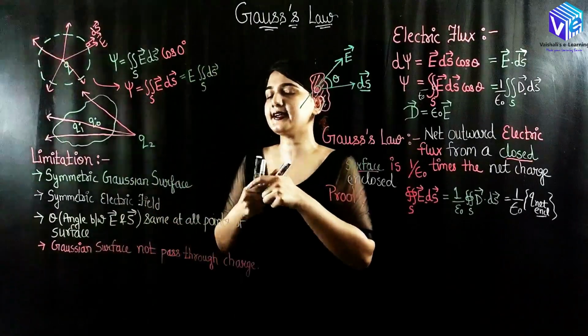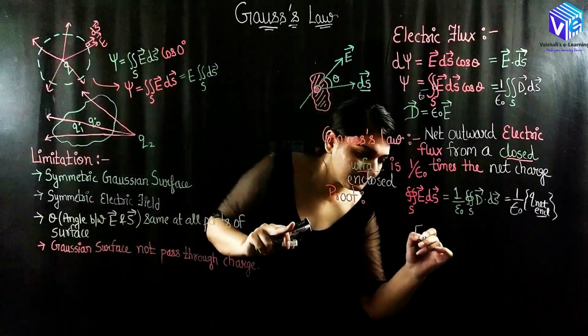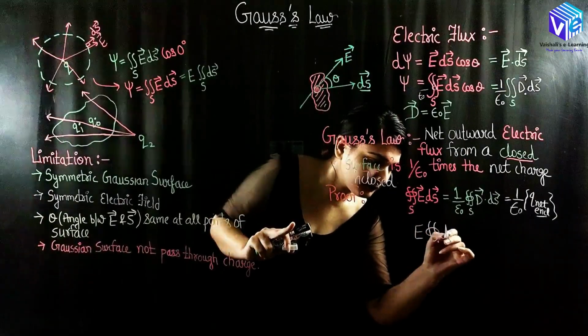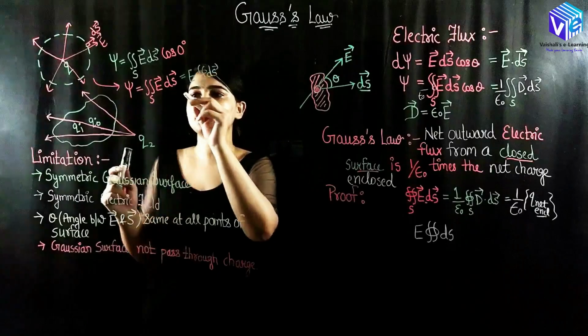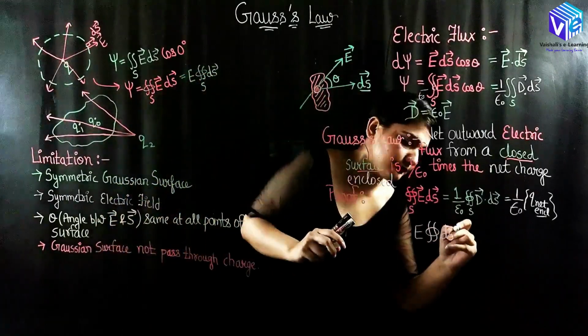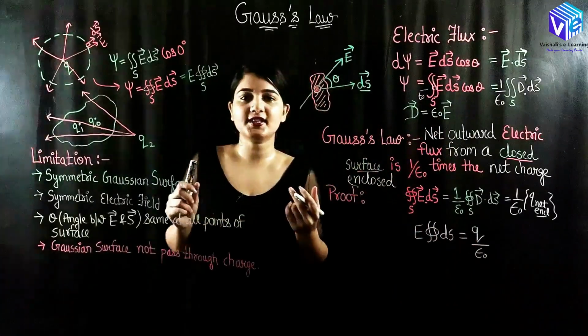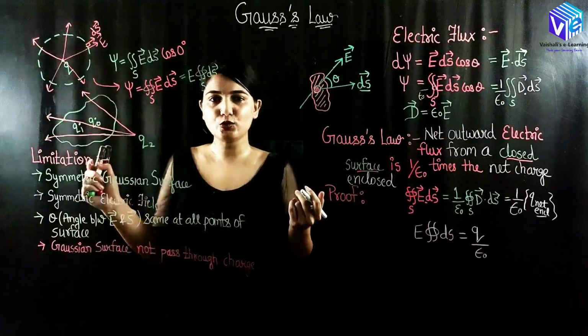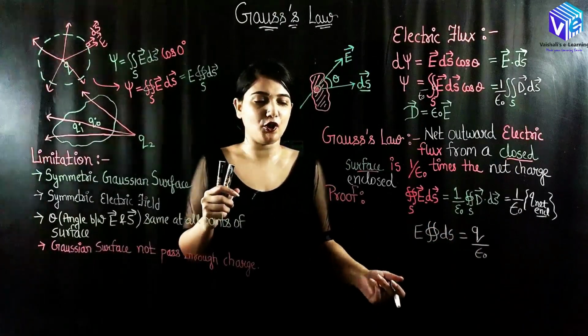I am talking about the closed spherical surface. What is the charge that is enclosed? It is Q only, so I will write Q upon epsilon naught.